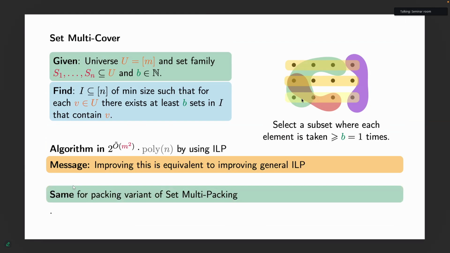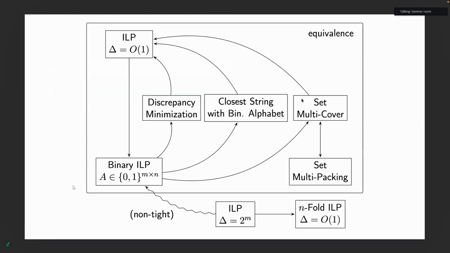We also have a dual problem called set multipacking. That's equivalent. So basically, we managed to prove that discrepancy, closest string, set multicover, and set multipacking are equivalent, because they are duals of each other.